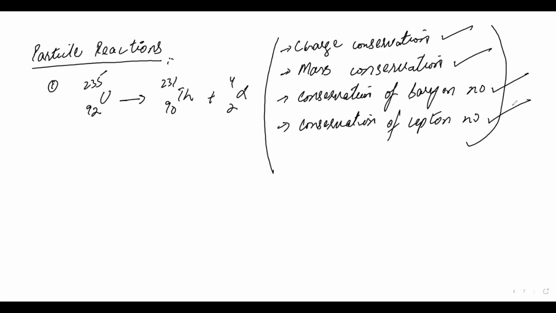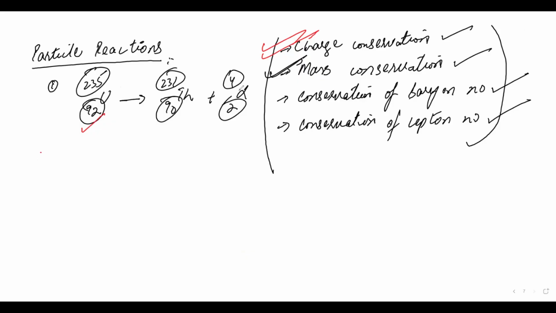Getting back to the example, the mass conservation can be checked like this: 235 is equal to 231 plus 4, so mass is conserved on both sides. For the charge, 92 is equal to 90 plus 2, so charge conservation is fulfilled as well.